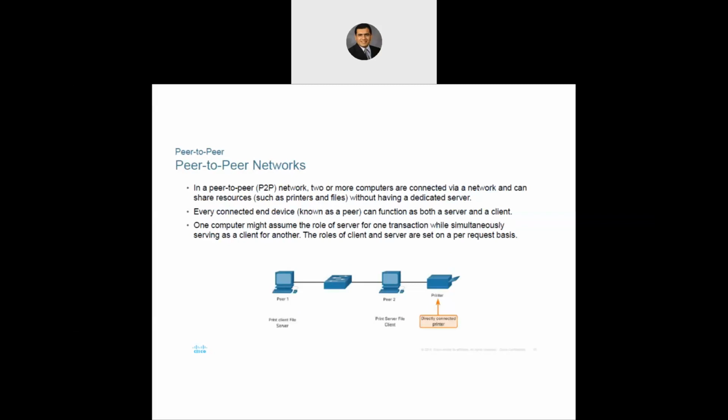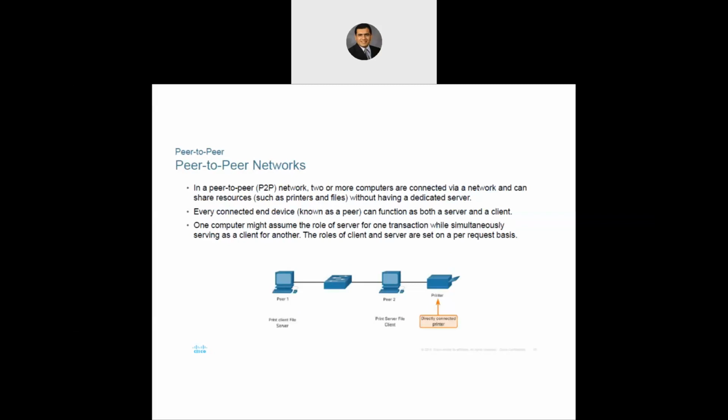Unlike client-server, in a peer-to-peer network, computers are connected in such a way that both can be a server and a client. If I'm getting data from you, then you are a server and I'm a client. If you are getting data from me, then I'm a server and you are a client, and so on.